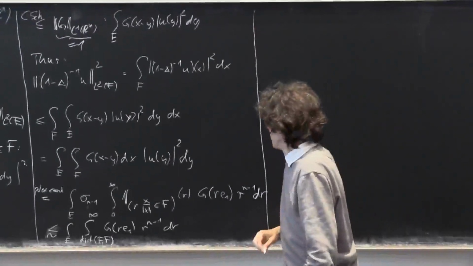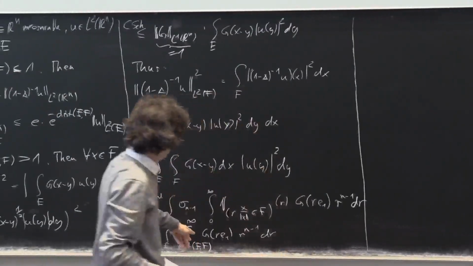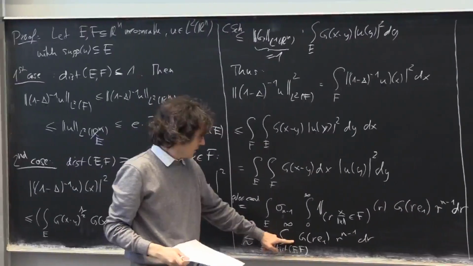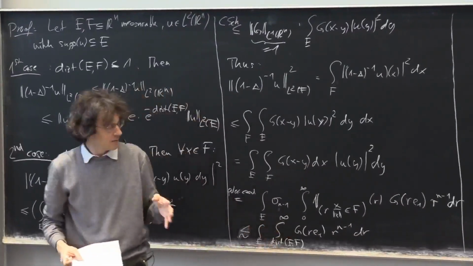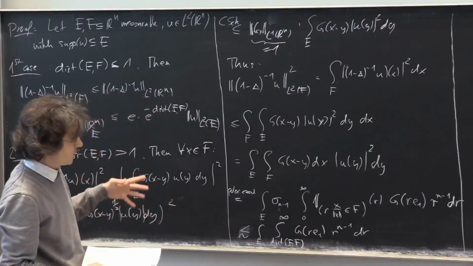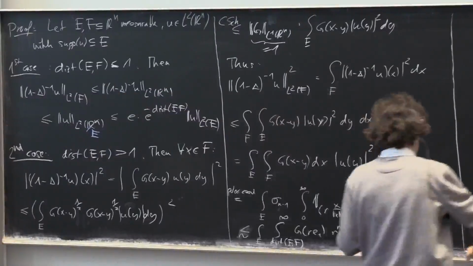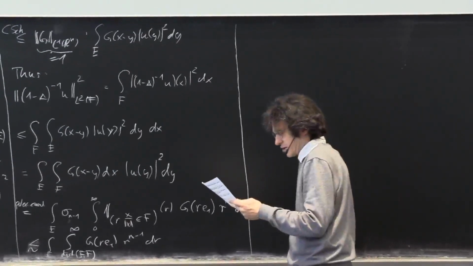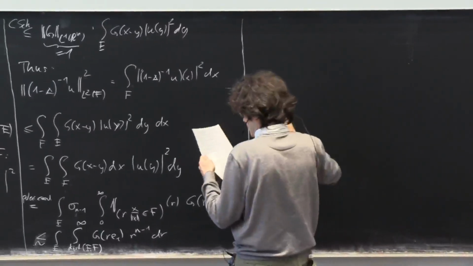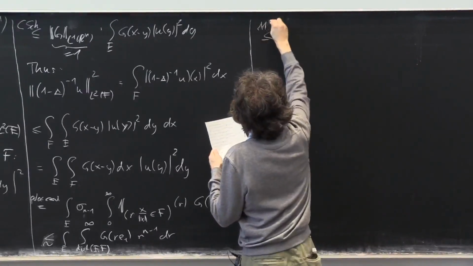Okay, and now here we can put in our off-diagonal estimate, our estimate on G for large values, and this is 11.3.